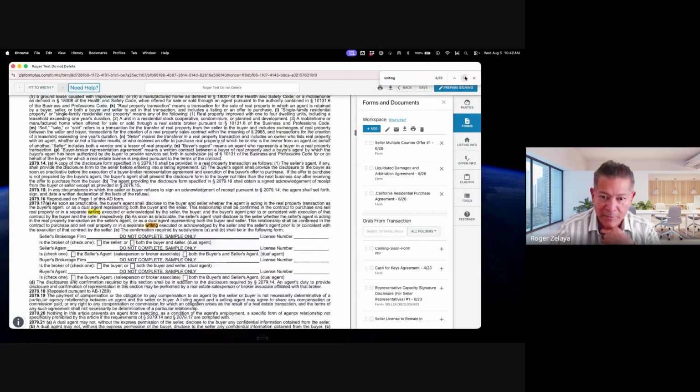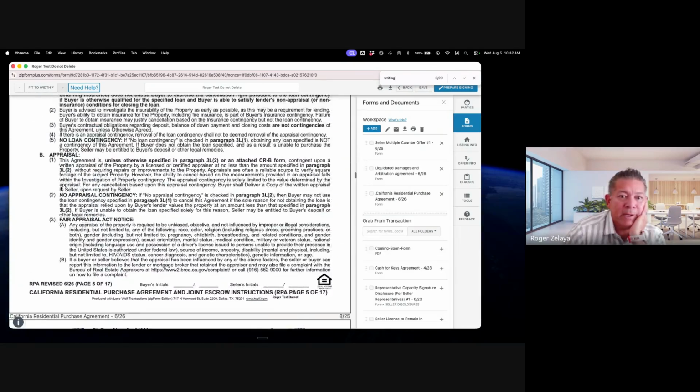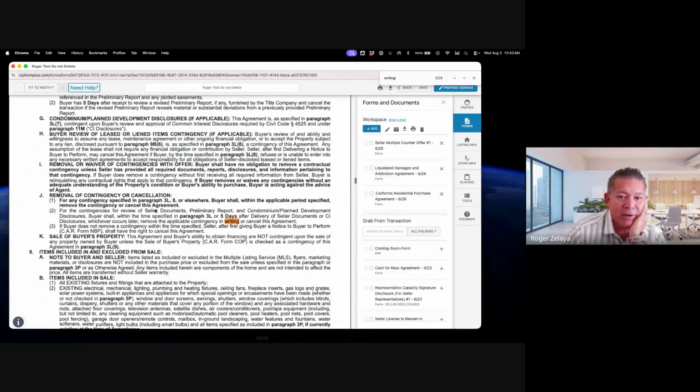Let me see if I can find it real quick. Okay, so it says removal of contingency, right? This is paragraph 8, letter J, removal of contingencies, right?